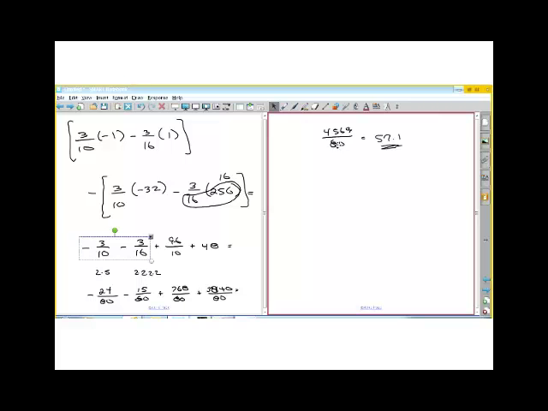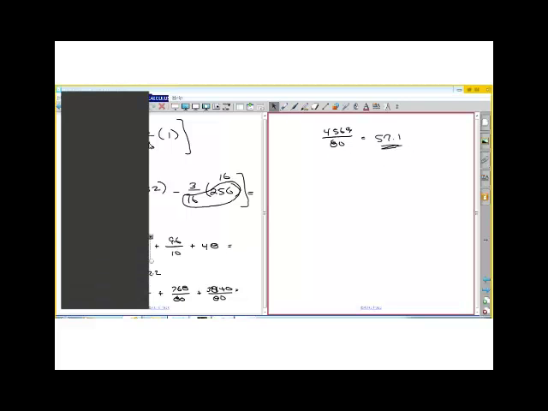This is divisible by 5, but that's not. It's not divisible by 7, 11, 13. It's divisible by 15, but this is not divisible by 15 because it doesn't have a 5 at the end, so I can't see any common factor. So we just multiply it out and get the answer.